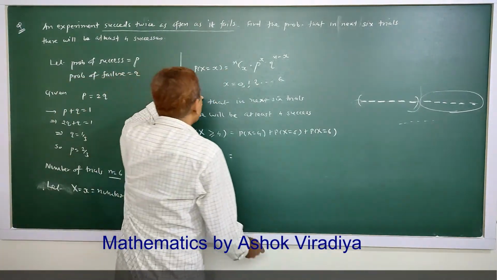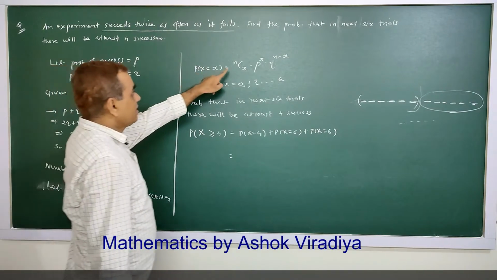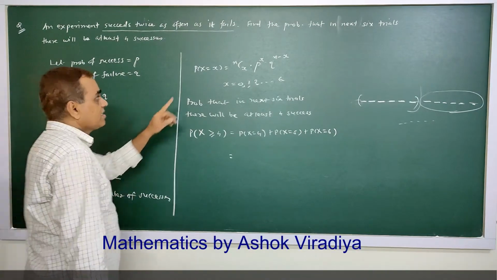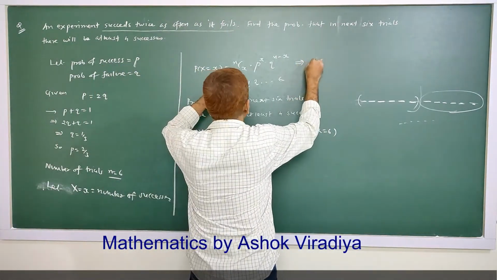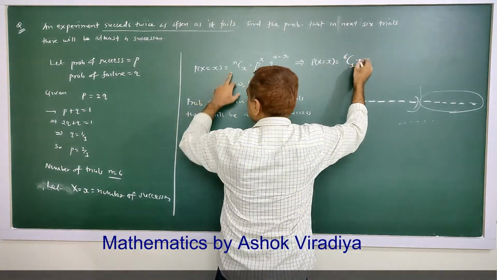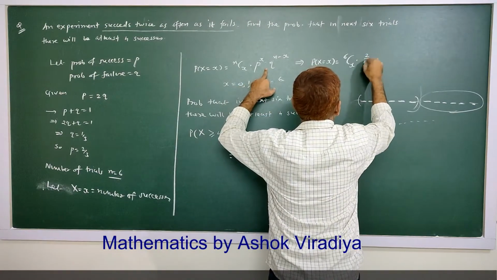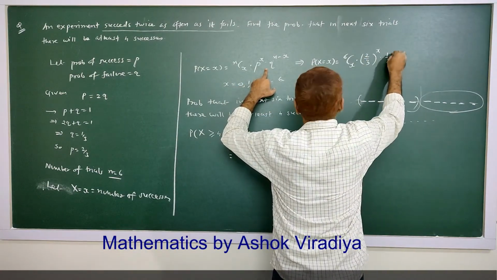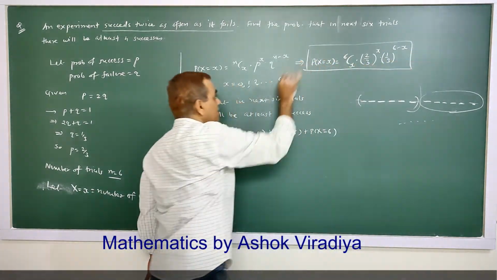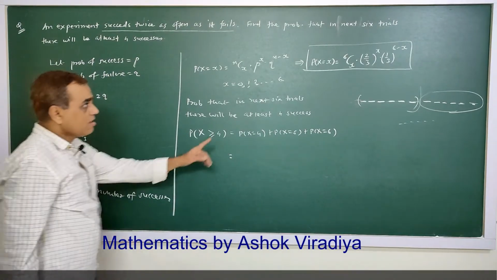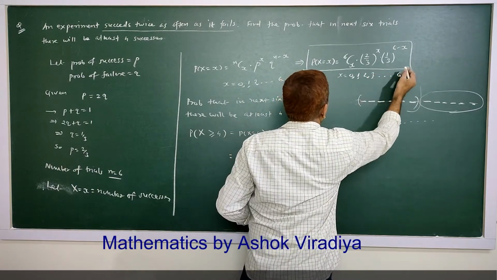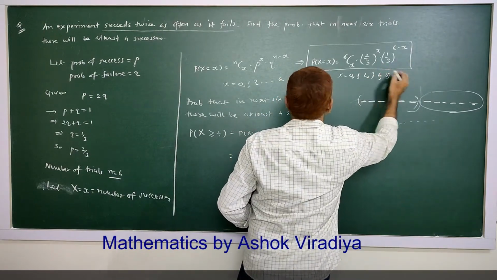So here n was 6 trials. So P of X equal to x is 6Cx, p was 2 by 3, so 2 by 3 raised to x, 1 by 3 raised to 6 minus x. Using this formula, putting values here, x is 4, 5, 6.